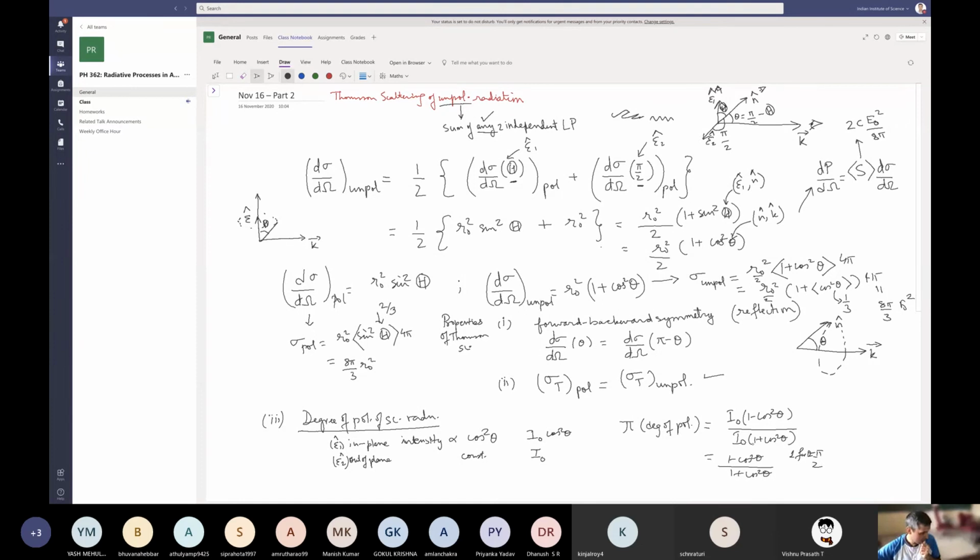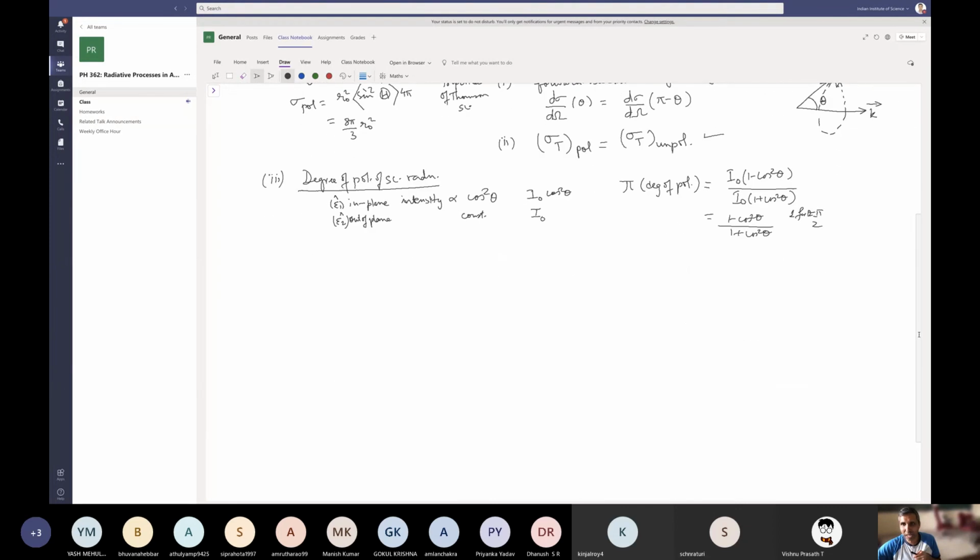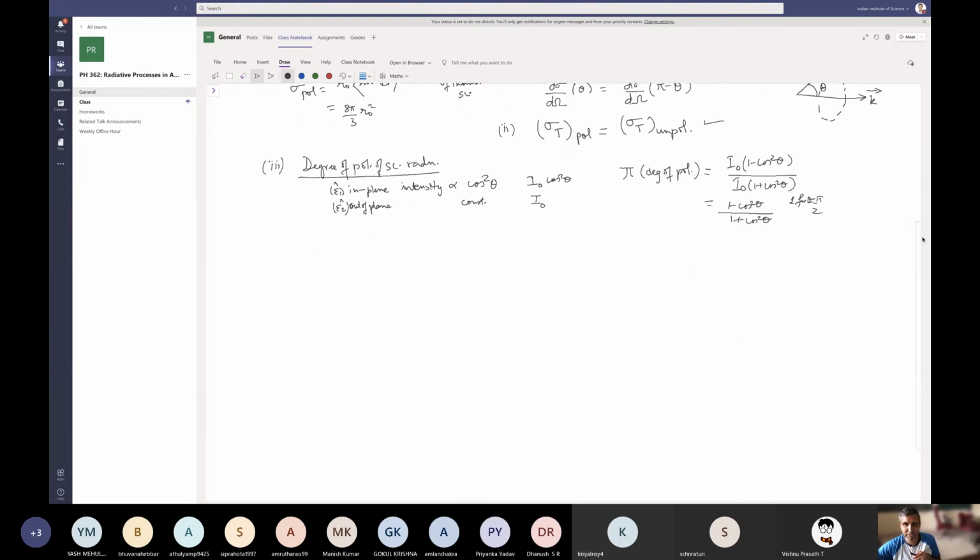Okay. So this is actually important. For example, even if you don't have the original source, even if the original source is unpolarized, like starlight. So, for example, if you have a star and a planet here, and this star is emitting black body unpolarized radiation in all directions, right?